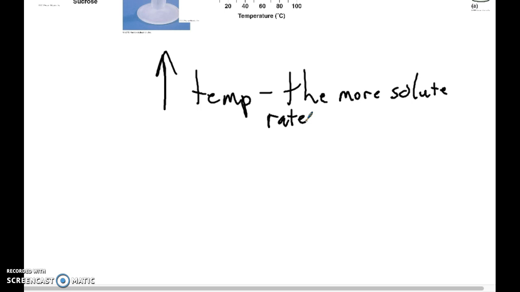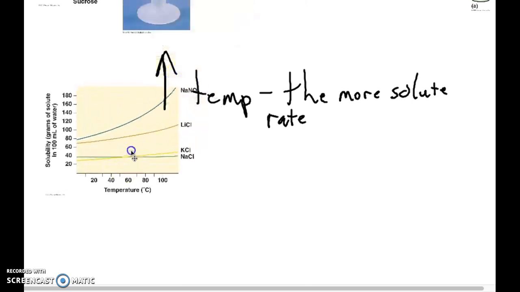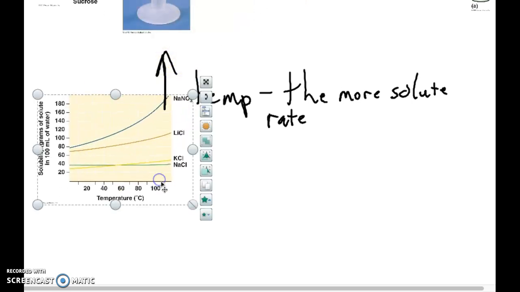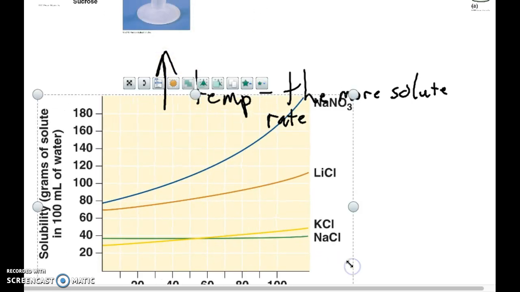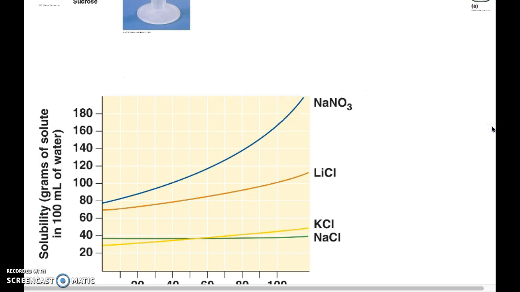Now, some things make more of a difference than others. The temperature may make a bigger difference in some substances than others. For example, here as you heat up the water, here's the temperature, as the water gets hotter, some things like sodium nitrate here greatly increase how much of it will dissolve.